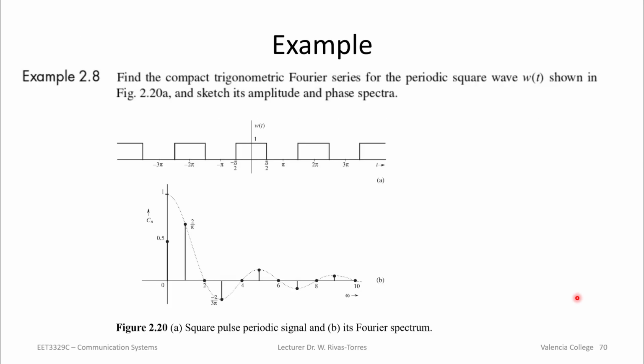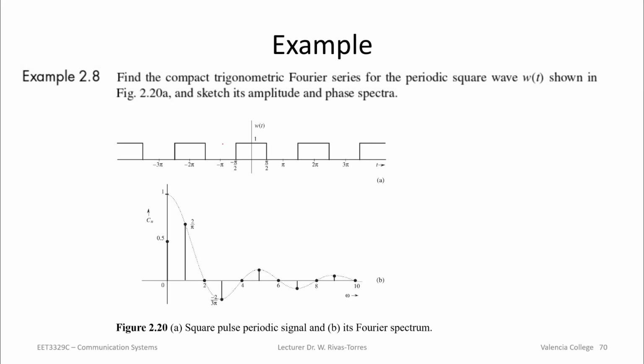So here's another example. Here's a square wave. It has period pi. Notice how it goes from minus pi over 2 to pi over 2. So this is a width of pi. Sorry, I said the period wrong. Hopefully this doesn't happen to you guys.